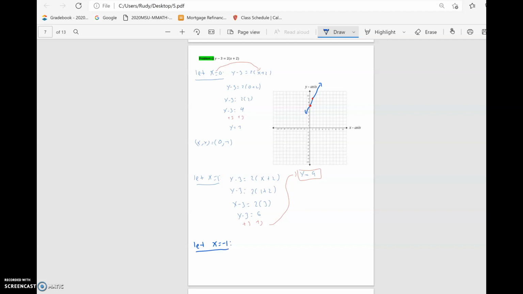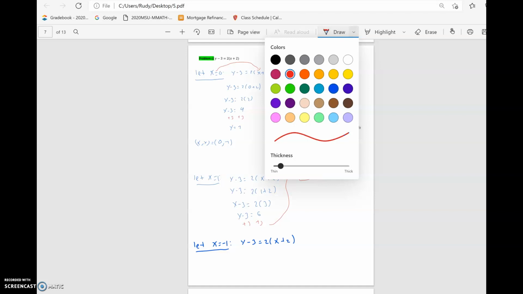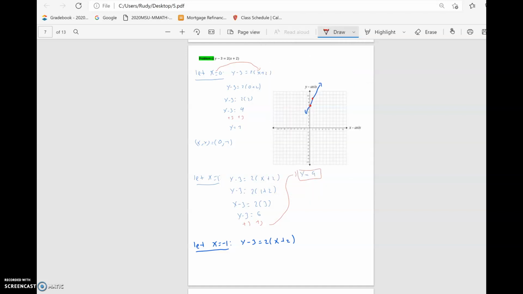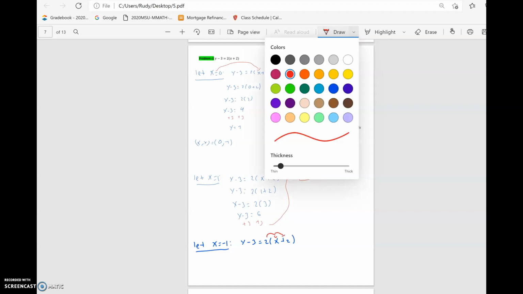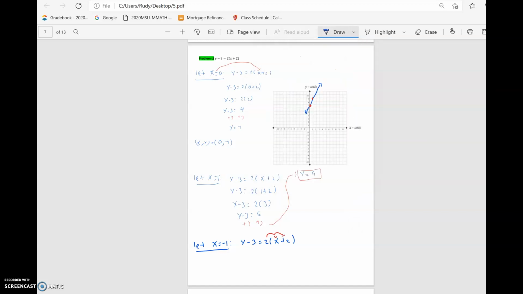But the given equation, you have y minus 3 is equal to 2 times x plus 2. So what you could do here, and this may save you a little bit of work, is technically distribute the 2. So you're just modifying the equation. It may be easier for another problem.